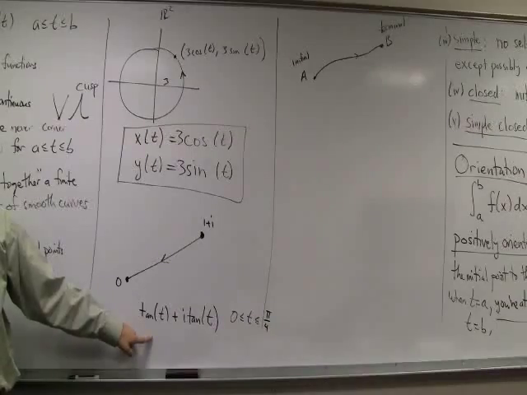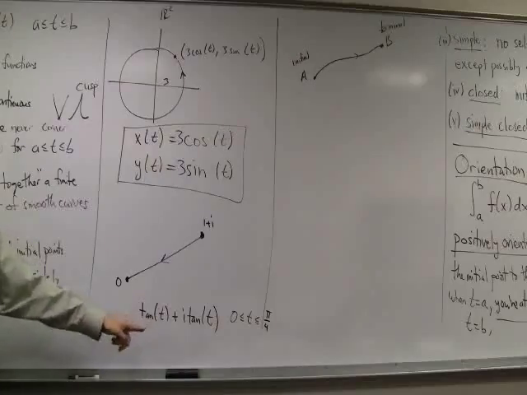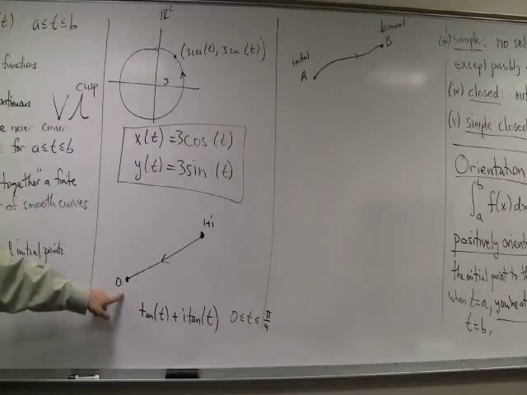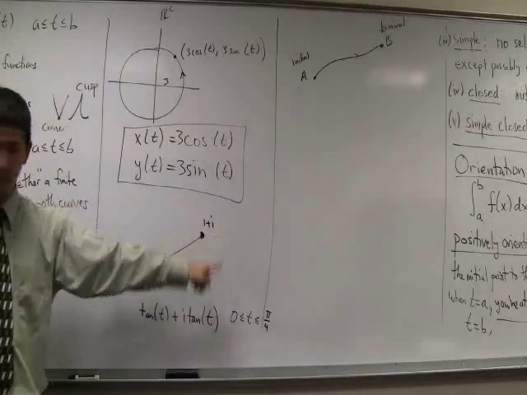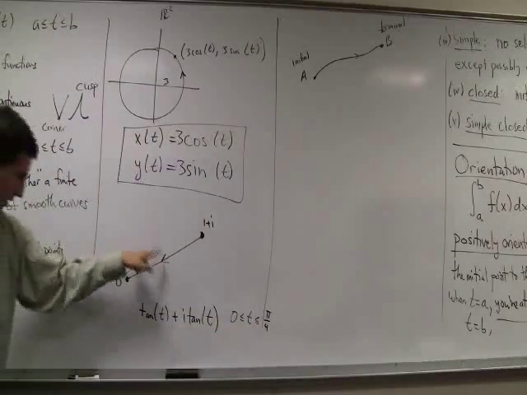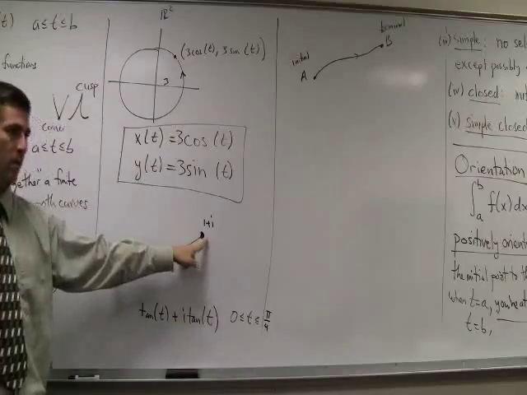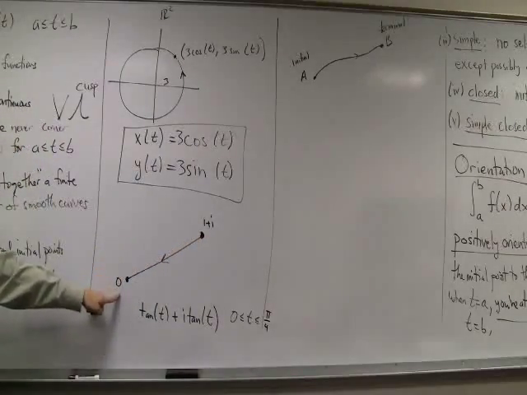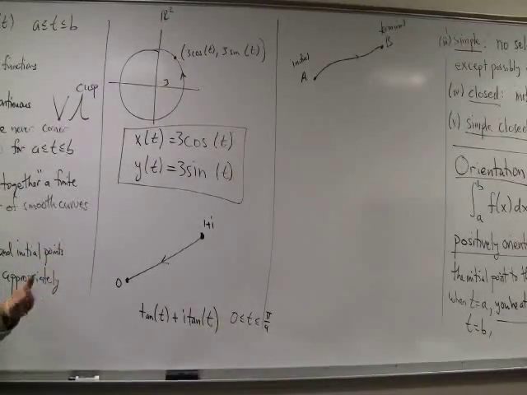And the answer is no. Why? Because this thing starts at 0 and ends up at 1 plus i as you follow t. But this arrow is telling you no, my initial point is 1 plus i, and my terminal point is 0. So I'm going backwards. So if you're going backwards, then it's called negatively oriented.